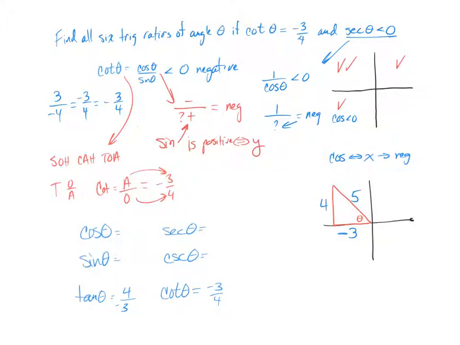So the cosine, we go and look at our angle. Here it is. Cosine is adjacent over hypotenuse, so it's negative 3 over 5. The secant just flips that, 5 over 3 with a negative sign out in front. The sine is the opposite over the hypotenuse, so 4 over 5, and the cosecant is 5/4.